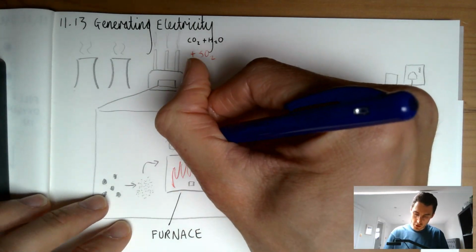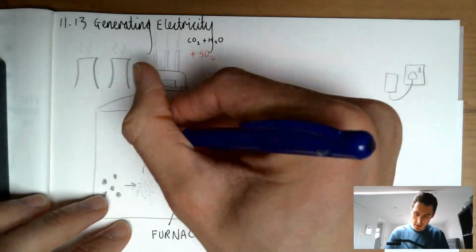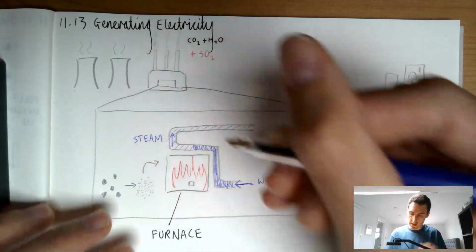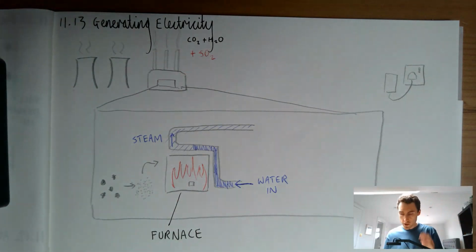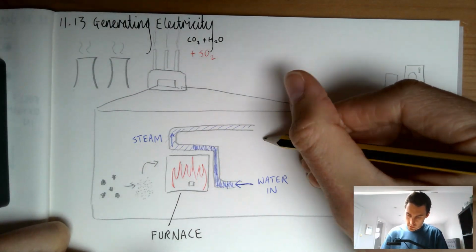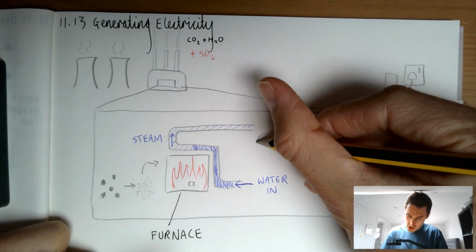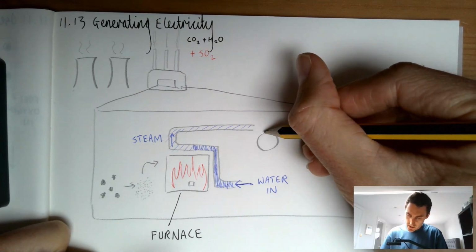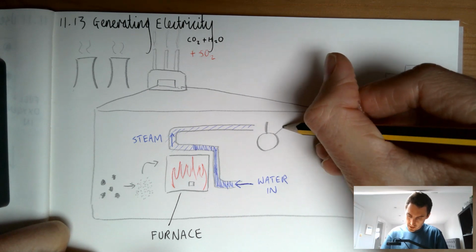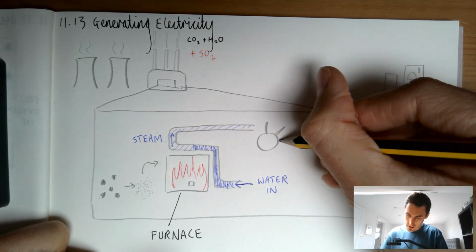But I can show here that what comes up here is not liquid water, it's water vapor or steam, like that. And then we can just show the final part here is that the steam turns this turbine. And again, I used to teach this, and I wasn't really sure what a turbine was.